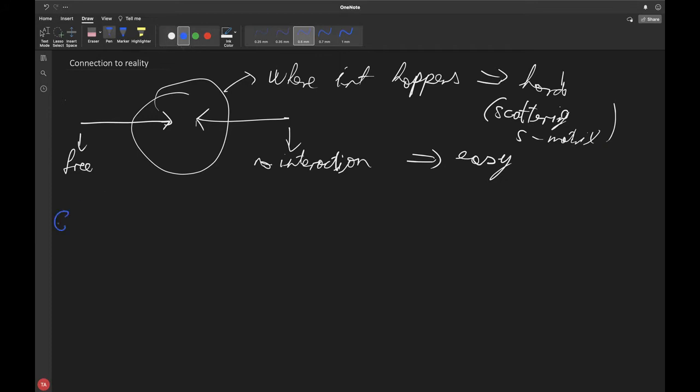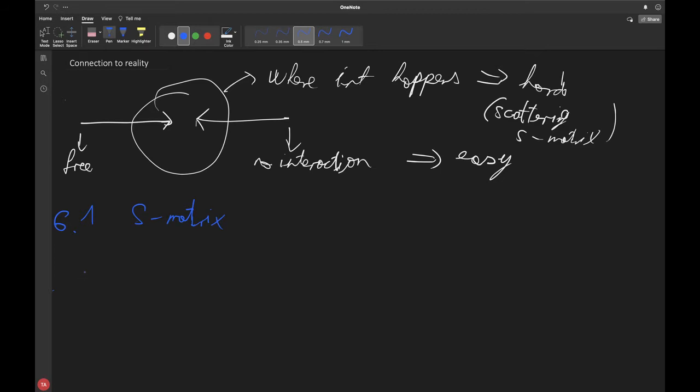6.1 is the S matrix. So when we have the states infinitely far from each other, then they are free. That's what we were discussing. So we could say that we have an initial and a final state of the system.